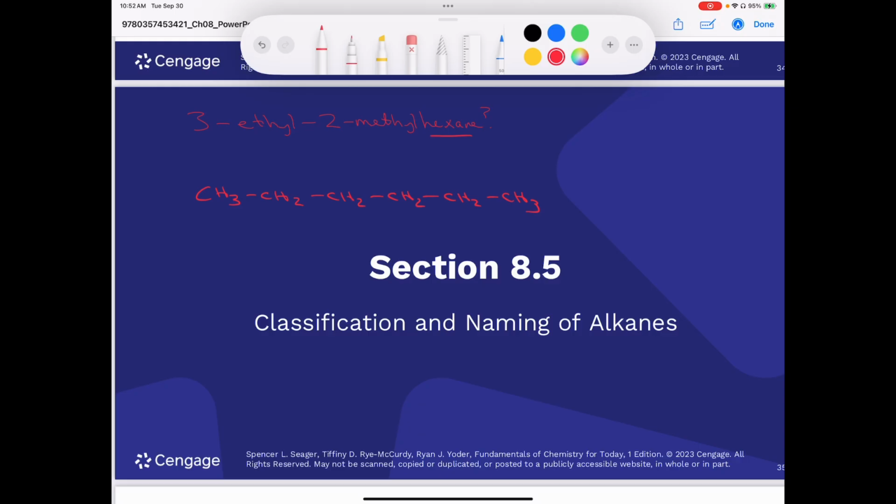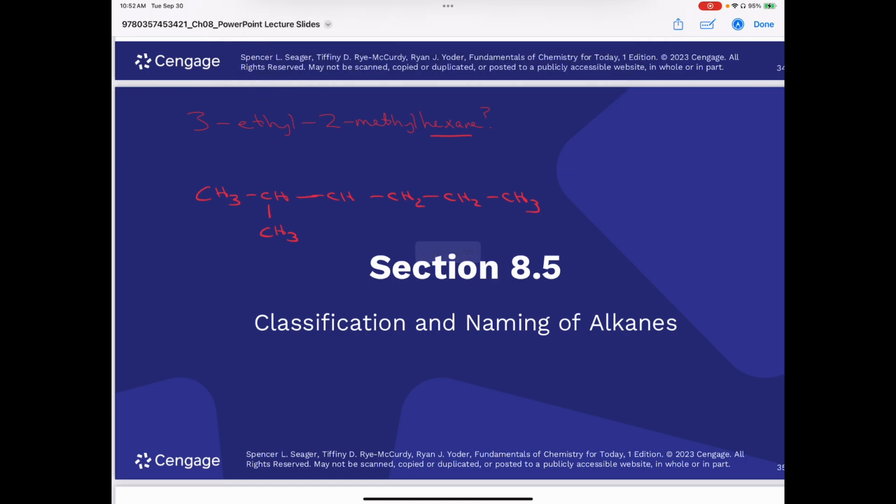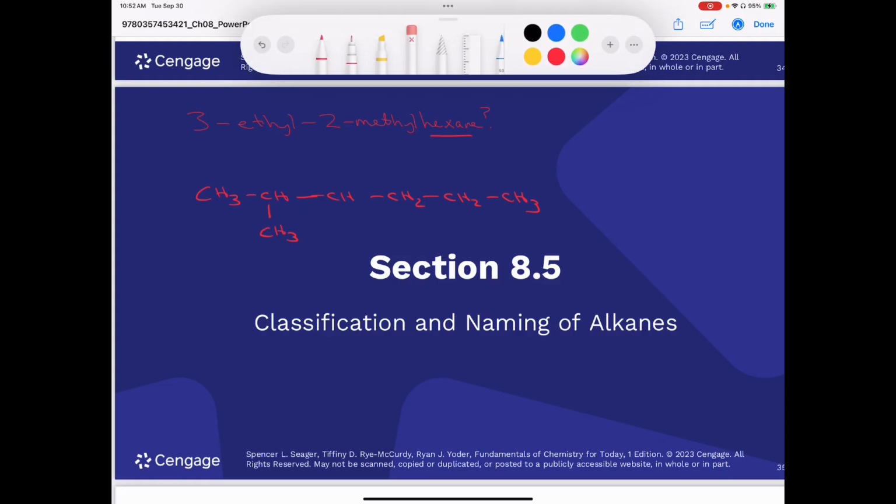And on carbon 3, I want an ethyl group. And so on carbon 2, I would put in my methyl group like that, okay? And then on carbon 3, I would put in my ethyl group. There we go. So I'd put in my ethyl group here, which is a CH2, CH3, and there you go. We have the structure of 3-ethyl-2-methylhexane.